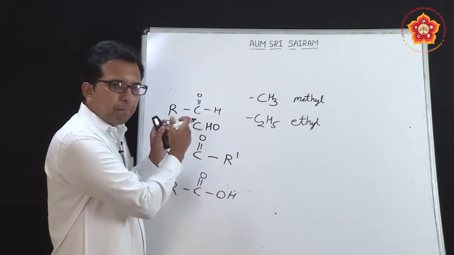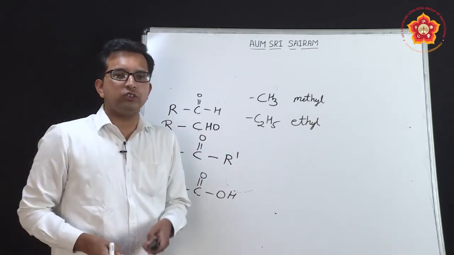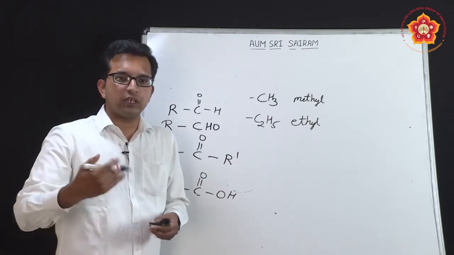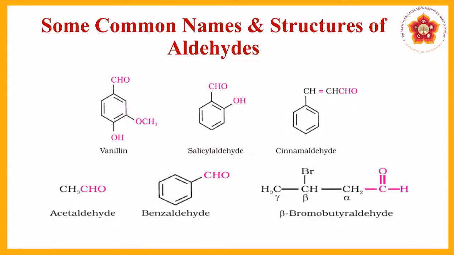So, having seen the basic general formula of these compounds, let us now slowly go through certain examples. Whenever we go for naming, there are two aspects that we come across. One is the common naming that is associated with these compounds, and the other is the IUPAC naming.